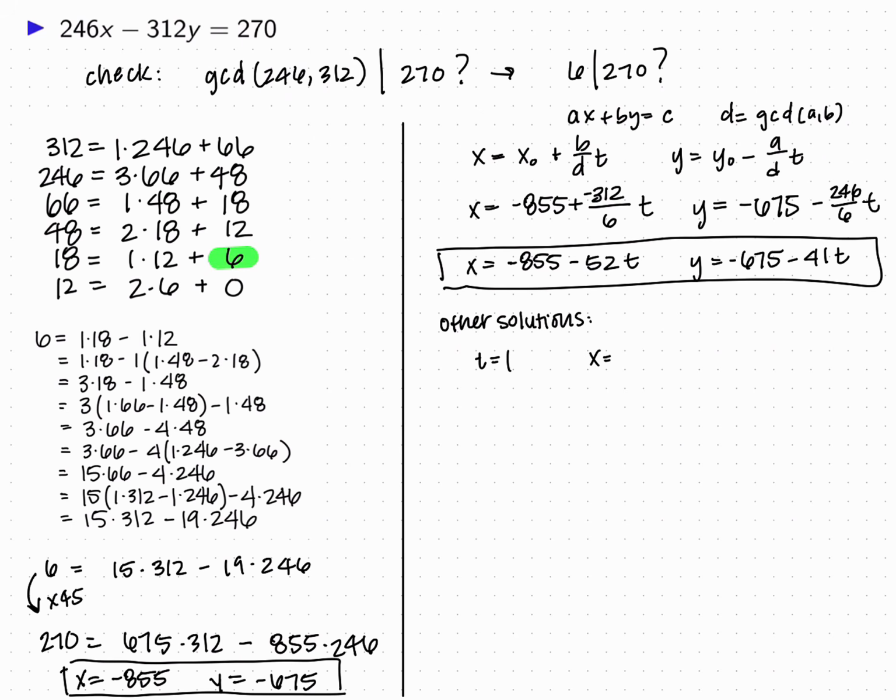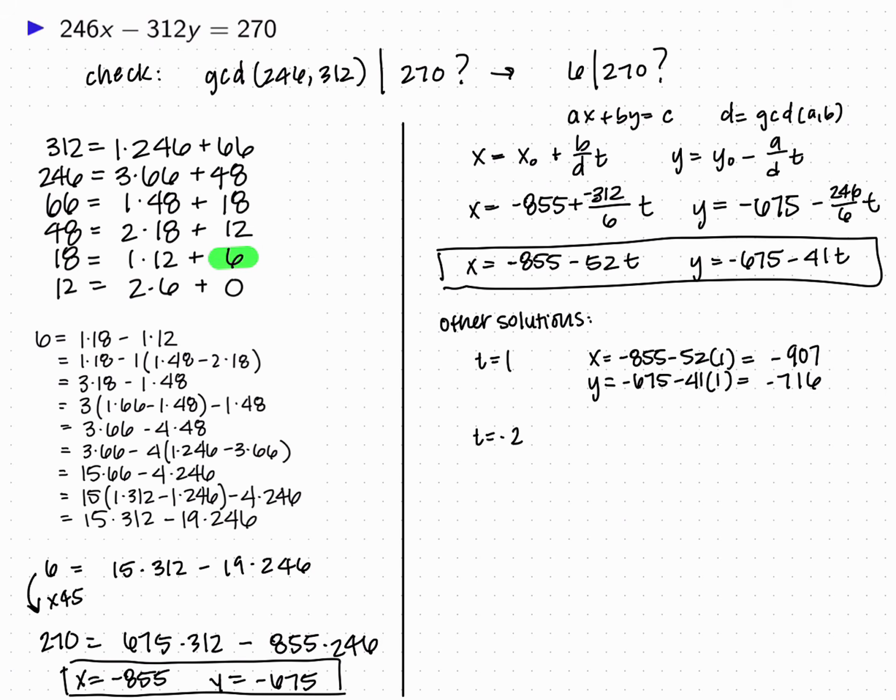We have x equals negative 855 minus 52 times 1, and that gives us negative 907. And we have y equals negative 675 minus 41 times 1, and that's negative 716. So there's one solution if we let t equals 1.